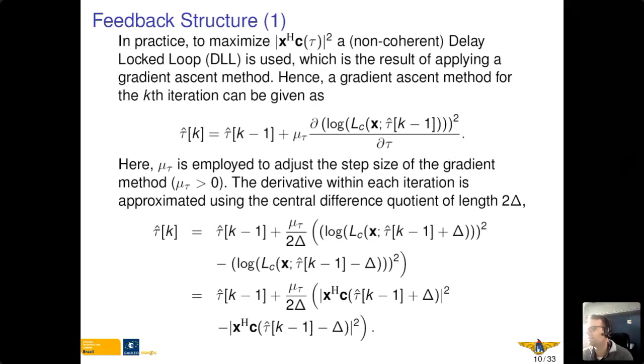So we can now plug in the concentrated criterion here, which is just the absolute value square of the cross correlation between x Hermitian c tau hat at k minus 1 plus delta, and then minus the absolute value squared of x Hermitian c tau hat k minus 1 minus delta. So we have again this early minus late correlation that we introduced here.